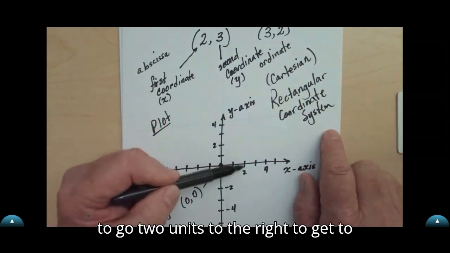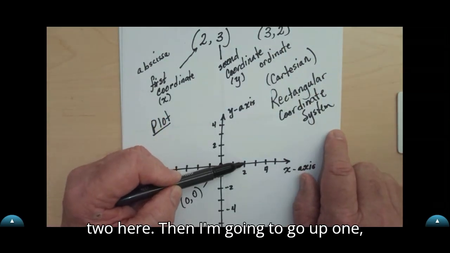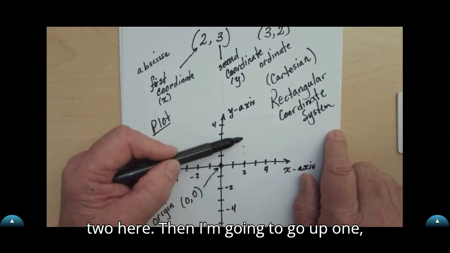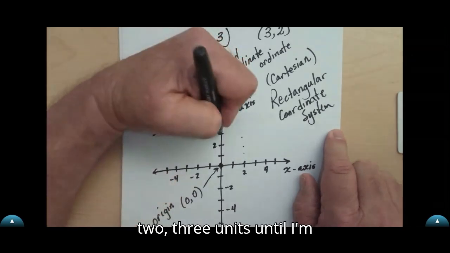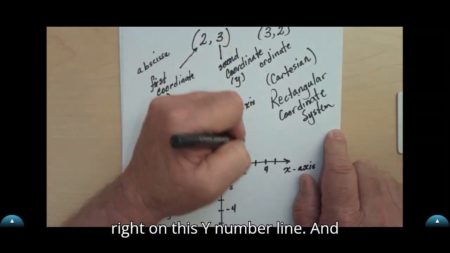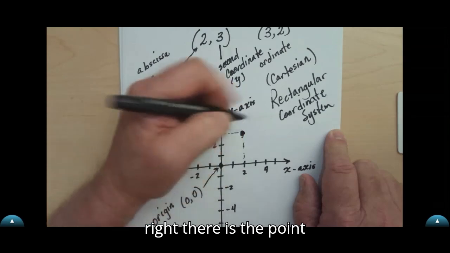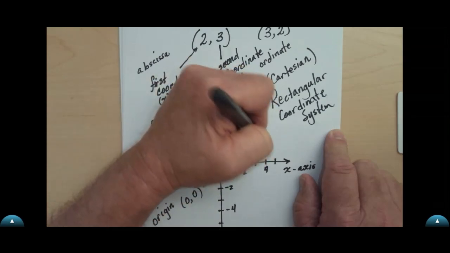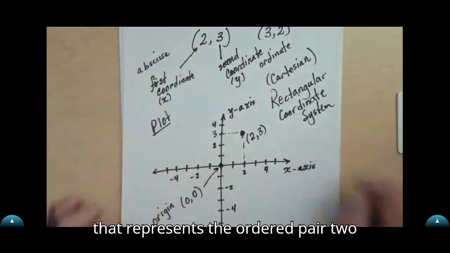So I go 2 units to the right to get to 2 here, then I go up 1, 2, 3 units until I'm directly across from 3 on this Y number line. And right there is the point that represents the ordered pair (2, 3).